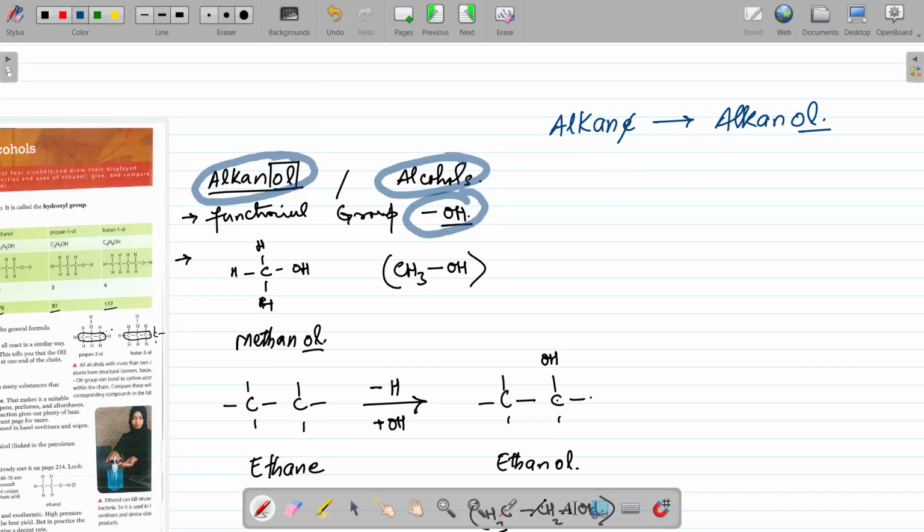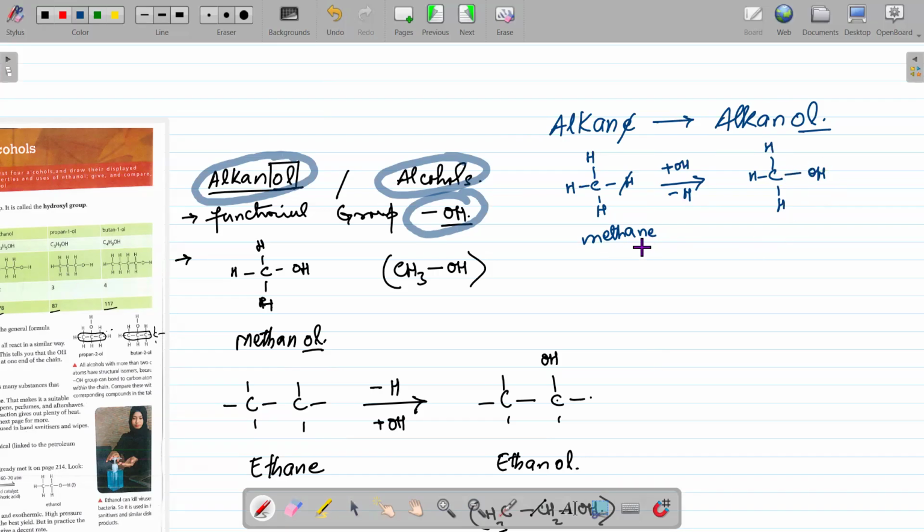As you can see here, if I have this alkane, the name of this alkane is methane, right? If a hydrogen is removed and replaced by the OH group, that will give us the first member of this series.